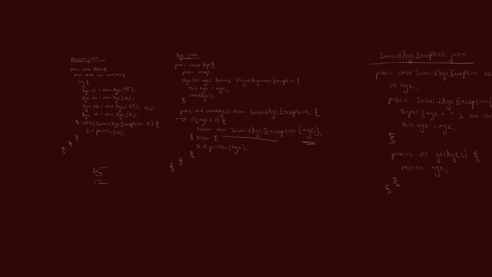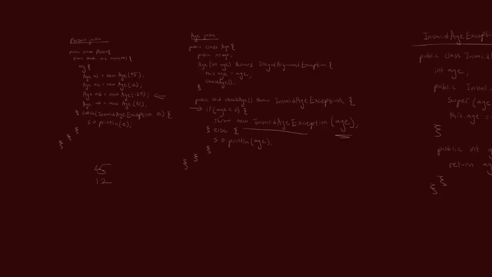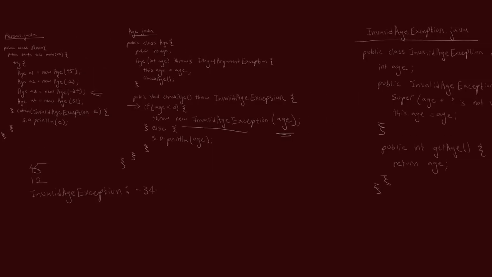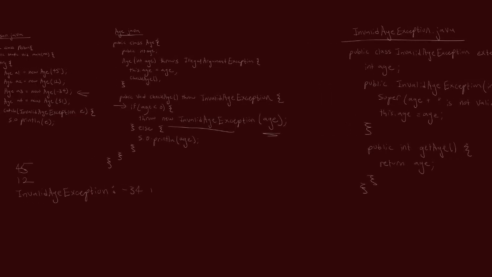So what we're going to get printed out is something along the lines of this. InvalidAgeException, then minus 34 is not valid. All right, so just like that.